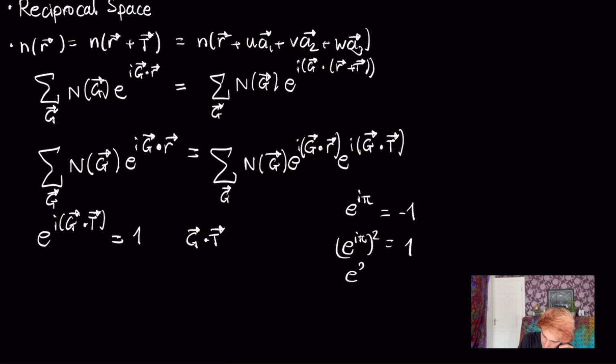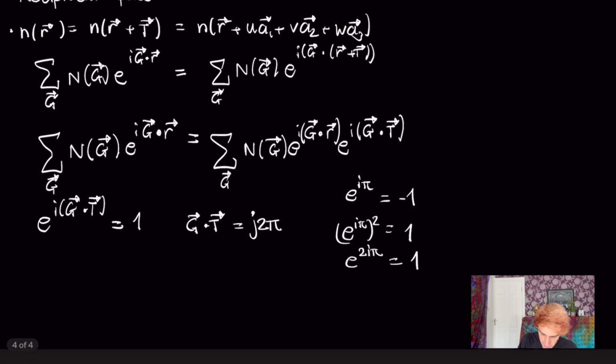So we have e to the 2i pi is equal to 1 as well. Therefore this g dot t term right here has to equal 2 pi, or not just 2 pi, but an integer multiple of 2 pi, which we can call j as we've been using so far. So g dot t has to be an integer multiple of 2 pi in order for g to have translational symmetry within the lattice right here.